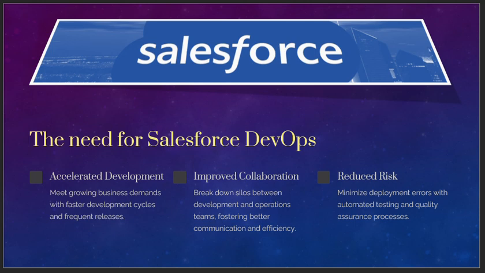But with a DevOps team, companies can deploy changes very quickly, test them automatically, and keep everyone on the same page with the latest updates. Example: imagine a bank wants to update its loan approval process. Without DevOps, this process takes weeks and errors keep popping up.